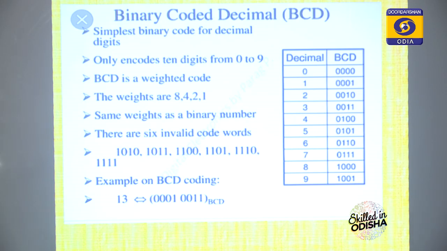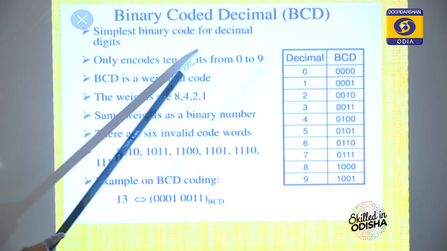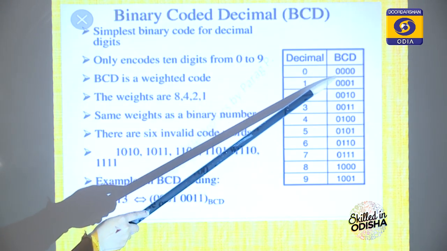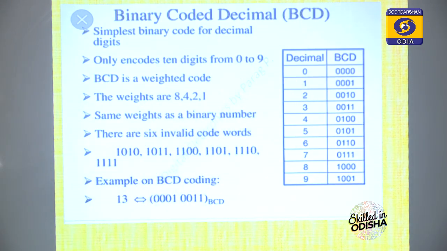Next is binary coded decimal, that is our BCD. In BCD, we have binary code for decimal digits, and we have to represent each in 4 bits.